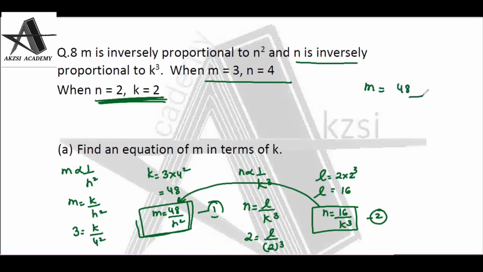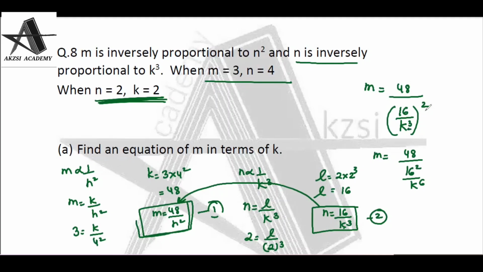48 over n squared. So n is 16 over k cubed. In place of n, I have written 16 over k cubed whole squared. So m is equal to 48 over, this is 16 squared over k to the power of 6. According to the indices, a to the power of m whole to the power of n, we need to multiply the powers.